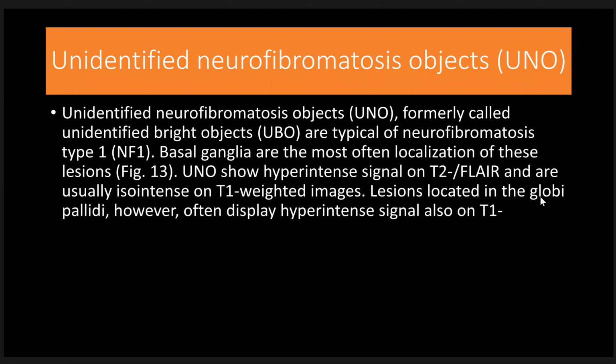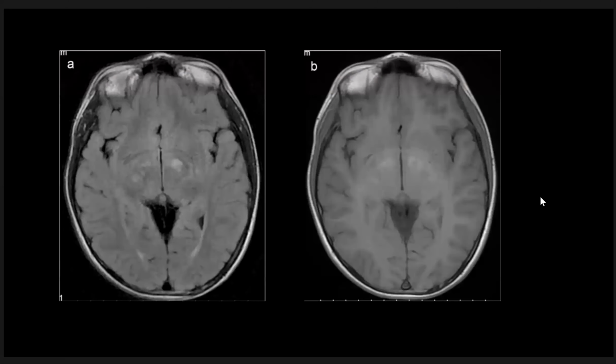Lesions are in the globi pallidi, as we see here in this patient with neurofibromatosis type 1. We have hamartomas with high signal intensity on T2 and FLAIR images located in the globi pallidi, as we see here in this patient, and on T1 they are hyperintense.